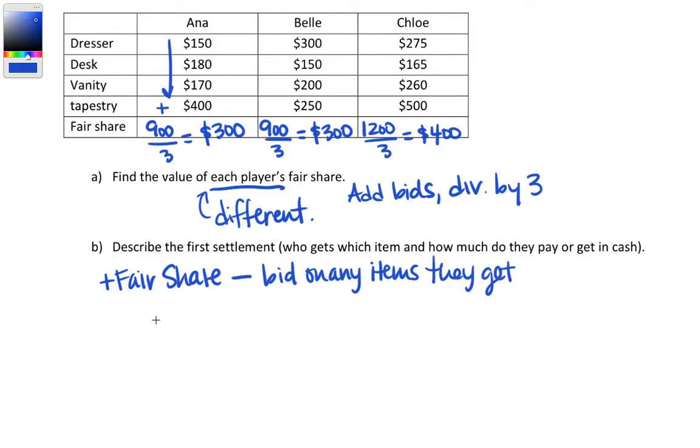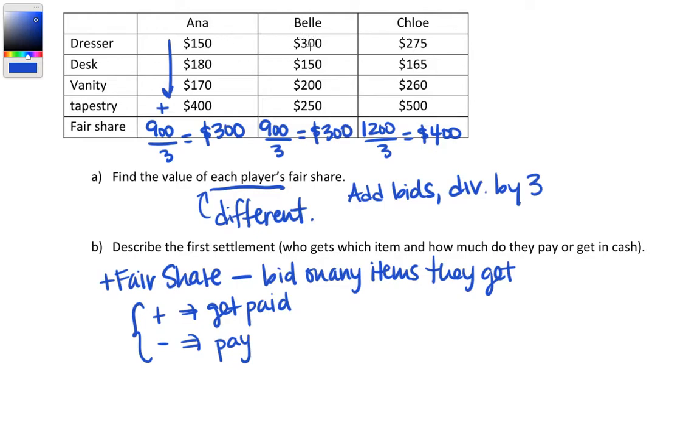And then if we get something out that's positive, that means that they get paid that amount. If we get negative, that means they pay that amount. Okay, so let's see here.